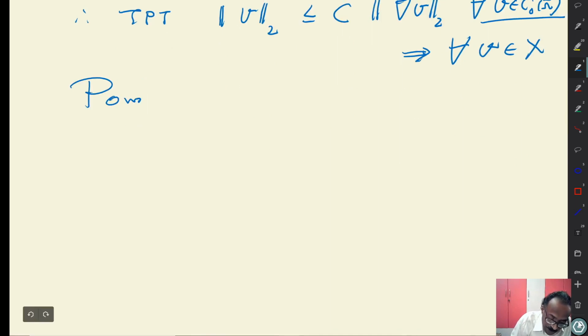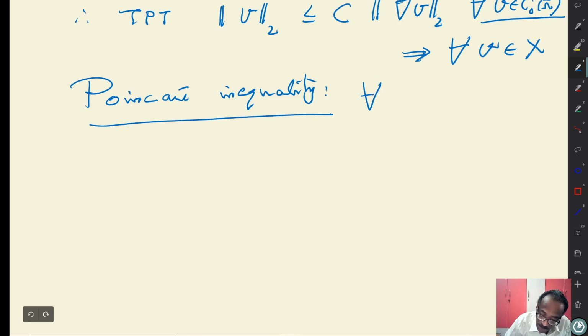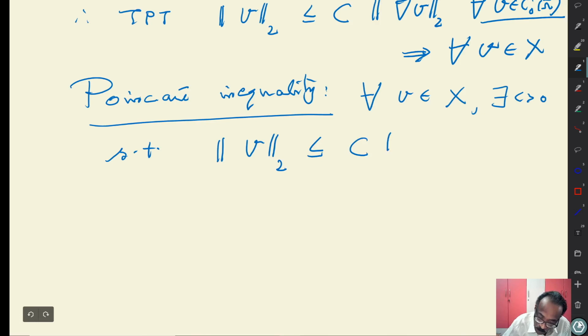So let me give you the Poincare inequality in the simple case. For all V in X, there exists a constant C positive such that the norm of V in L2 is less than or equal to the constant times the norm of grad V in L2.